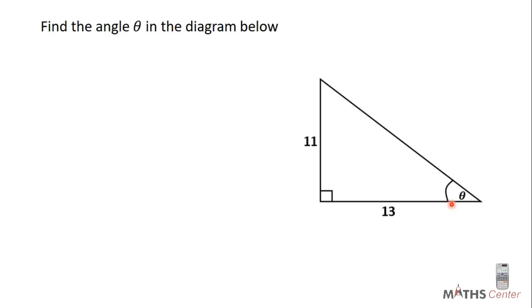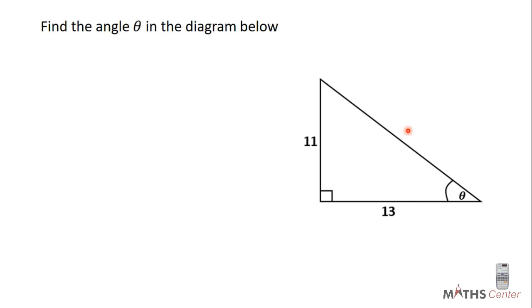We have theta here as this acute angle. So 11 is opposite to it, 13 is adjacent, because this side here is the hypotenuse. We don't know the length of the hypotenuse. Okay, so we have opposite, we have adjacent. We don't know the hypotenuse.